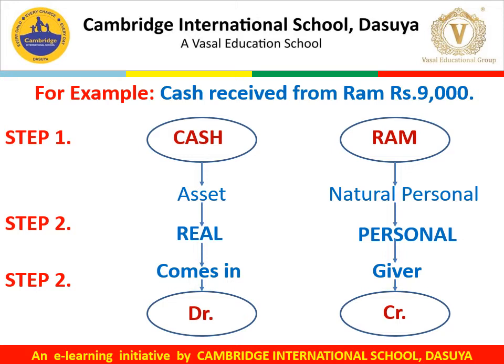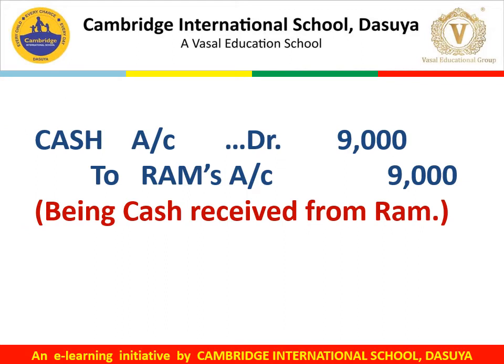So here cash is debited, Ram is credited. Follow these simple steps to form a journal entry. Now, this is the journal entry for the previous transaction: cash account debit to Ram's account, being cash received from Ram.